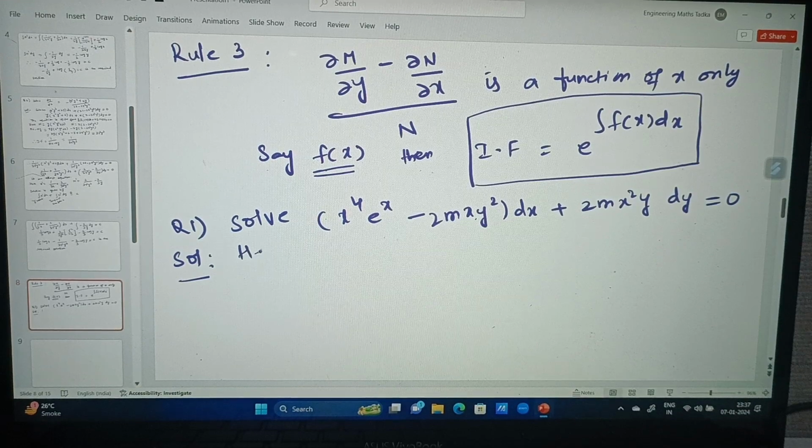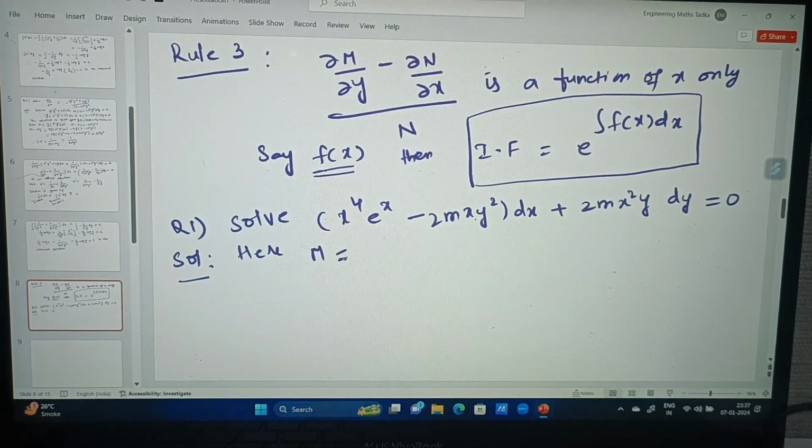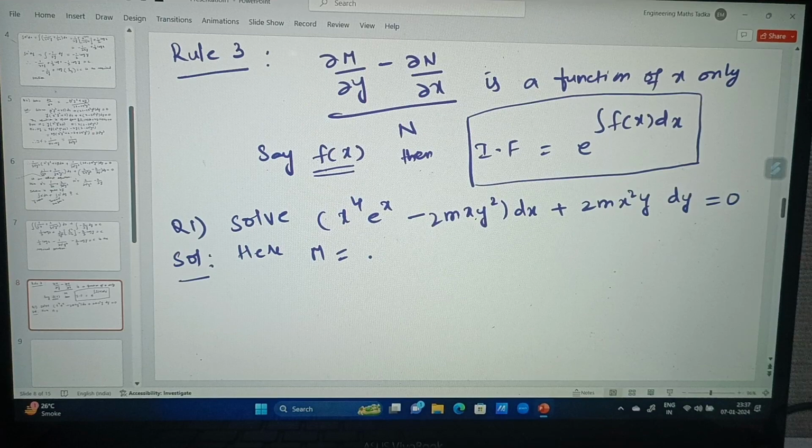First step: you know that the equation is of the form M into dx plus N into dy is equal to 0. So you will be writing the functions M and N. Here M is equal to x raised to 4 into e raised to x minus 2mxy square. What is your N? N is equal to 2mx square y.